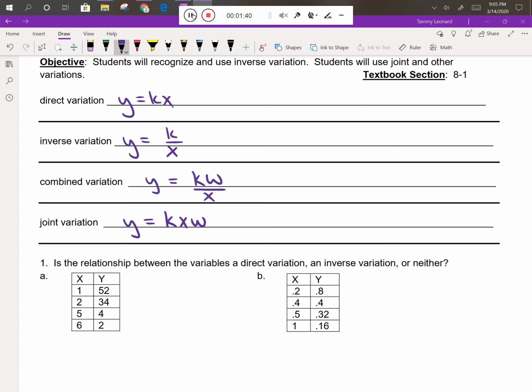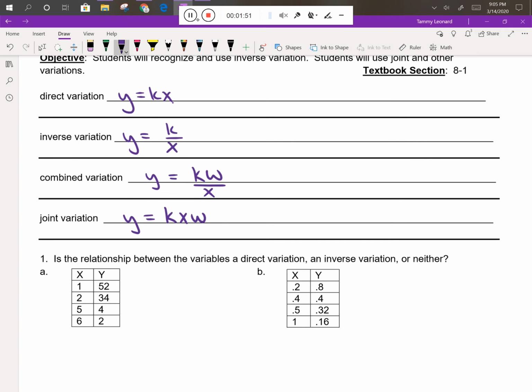Before we get into really doing problem 1, part A and part B, we need to realize something about direct and inverse variation and that k, the constant of variation. Let's imagine we take the direct variation equation and solve it for k, so we get k alone.